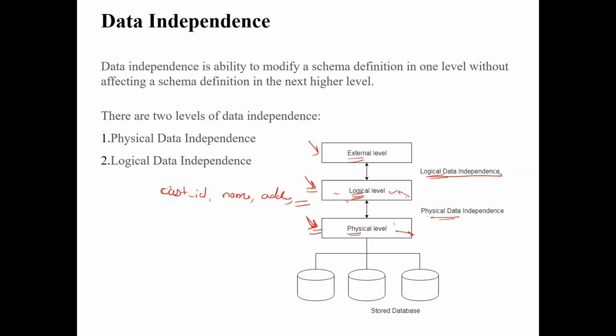Or if we think that the customer ID, name and phone number are enough, and I don't want to add the address of the customer, so instead if I add the phone number, then it should not affect the application program at the external level. So if there is a change in the schema, then there should not be a change in the external level.